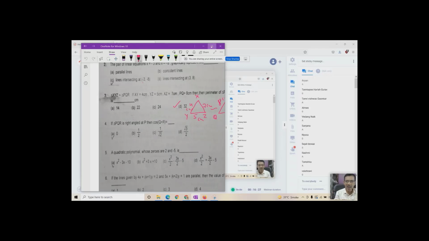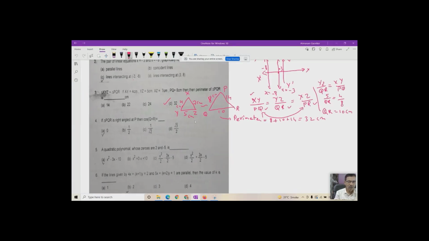So it is very easy, and I hope everybody can do that, because given is triangle PQR and it is right angle at P, and this is QR. So angle Q plus R, this angle is 180 minus one angle, that is 90 degrees.